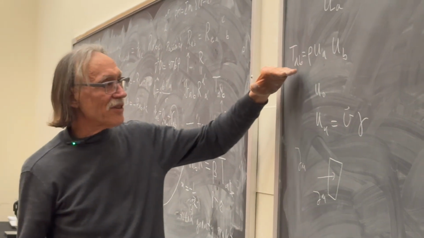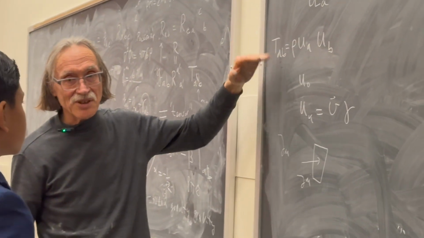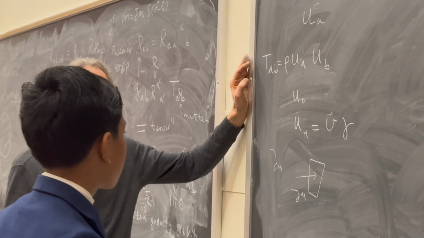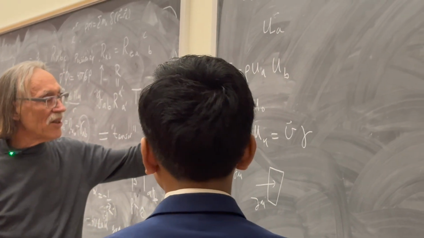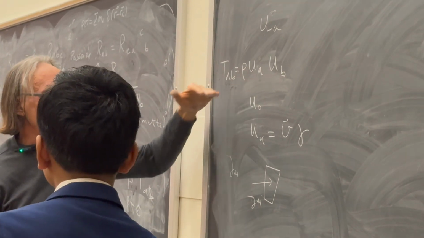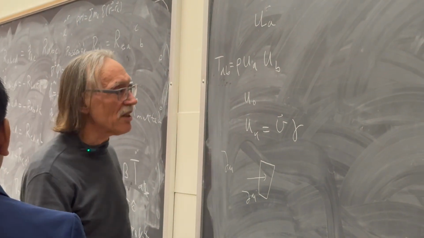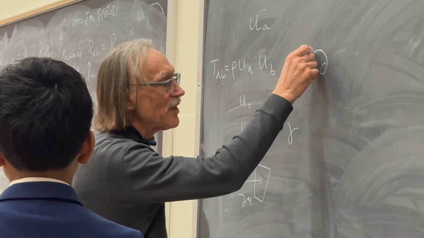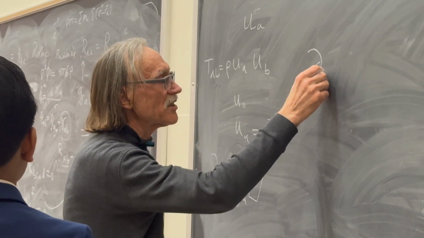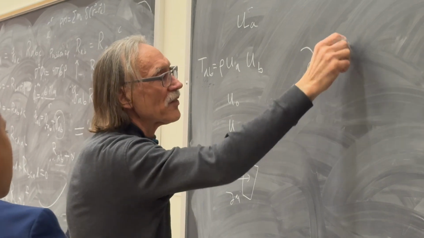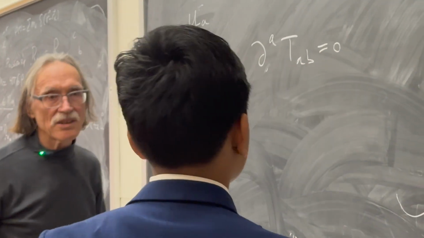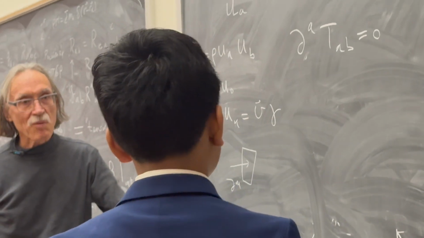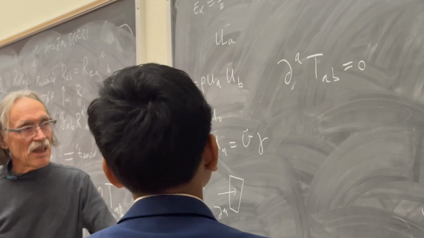Here, first of all, this is four-dimensional, so it is much harder to imagine. But this is also related to flux in particular, because there's a conservation law that says ∂_A T^{AB} is equal to 0. This is the conservation of energy and momentum.